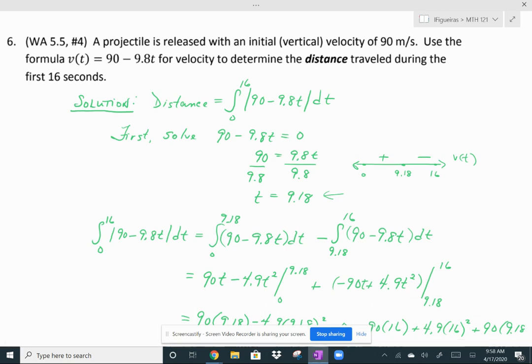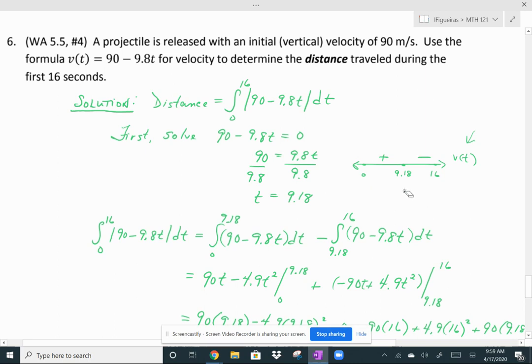So now we have to check what is the sign of velocity to the left and right of 9.18. So on this number line, you see my limits, 0 and 16, as well as the time value that I solved for. You plug in a number somewhere between 0 and 9.18 into your velocity function, which is here. And if you do that, you get a positive result. And if you plug in something greater than 9.18, but less than 16, like let's say 10, you get a negative result.